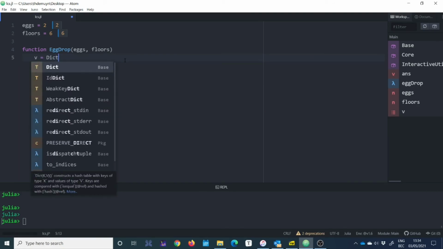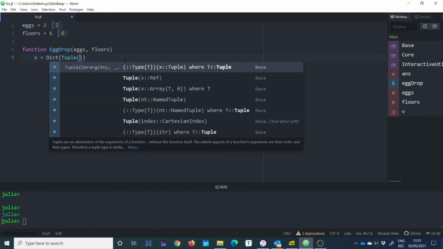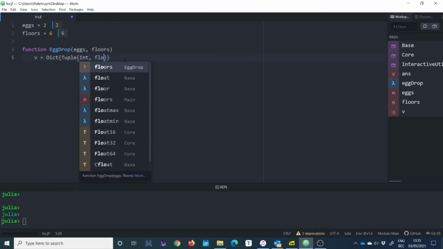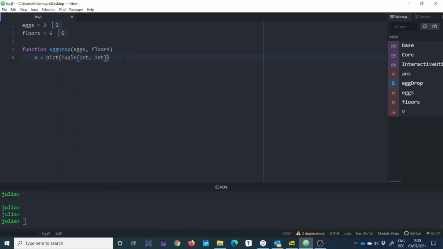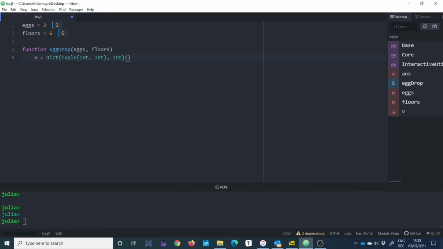Again, I'm going to take a dictionary. It's going to take a tuple, depending on the number of eggs I'm going to give it and the number of floors I'm going to give it, and it's going to give me the number of drops that I need to make at most in order to determine the critical floor. Okay, I'm going to return v and so on.